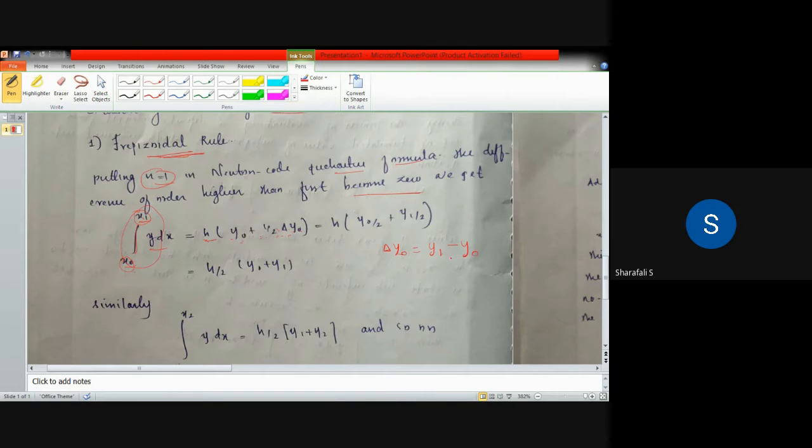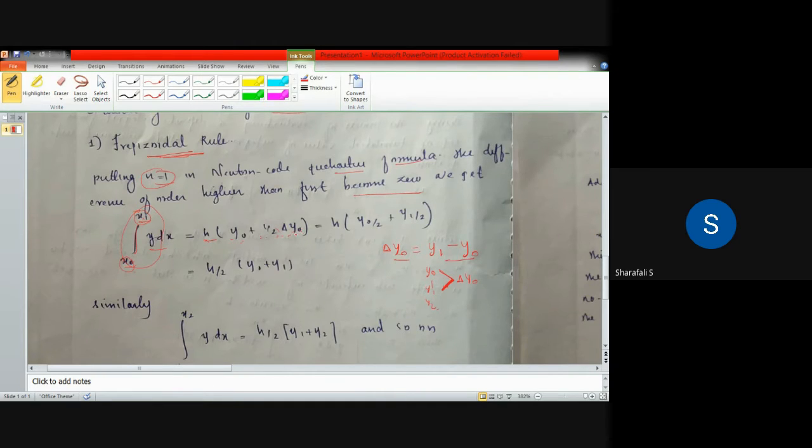The change between y1 and y0. That we already did for the interpolation techniques. So we have y0 here, y1 here, y2 here, and so on. So this will be your delta y0 value, y1 minus y0. So y1 minus y0 is delta y0.